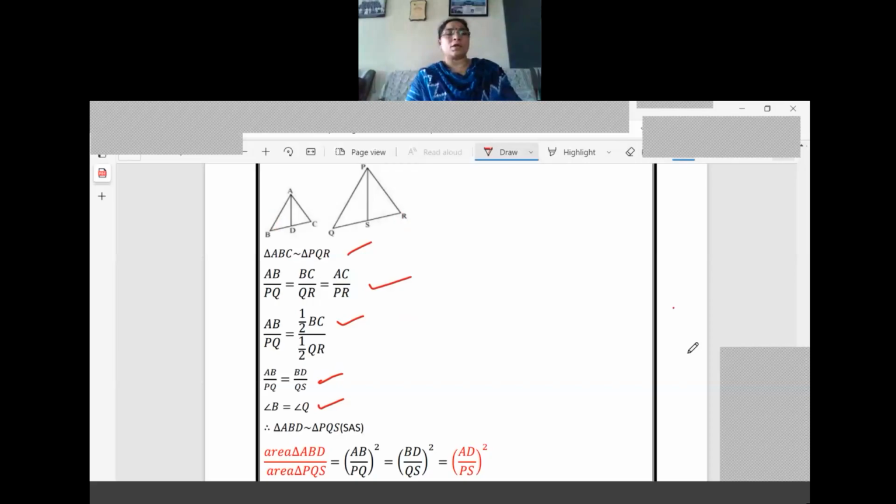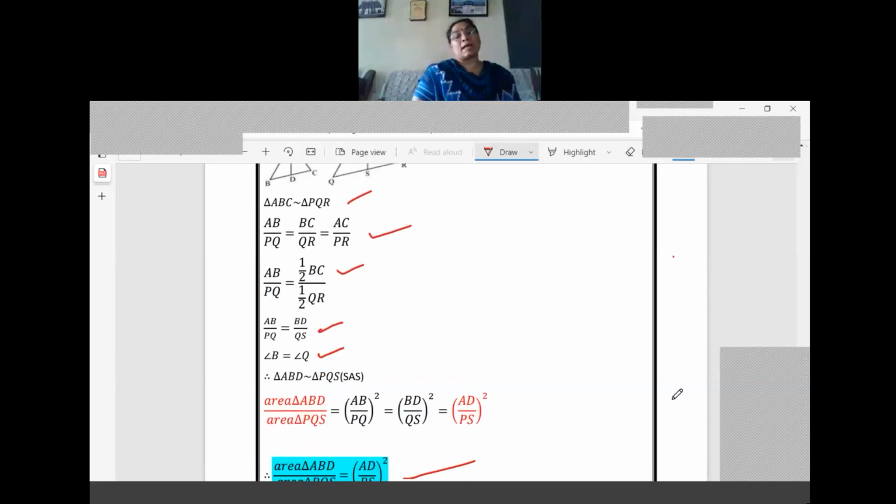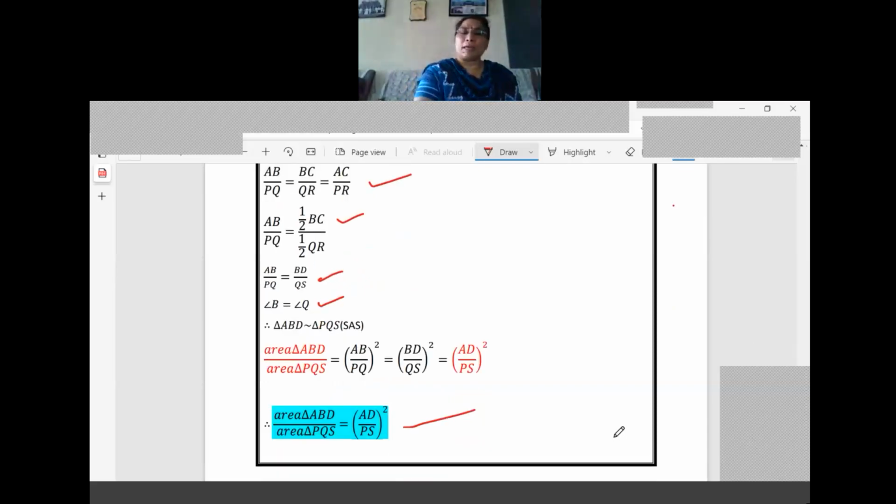Because it's already given that the triangles are similar, so we are using that. Then all angles are also equal. So once similarity is proved, what can we write? When considering area, we can write the square of the ratio of corresponding sides. From this, we required this side as well as this side. So we have proved that it is also equal to the square of the ratio of corresponding medians.